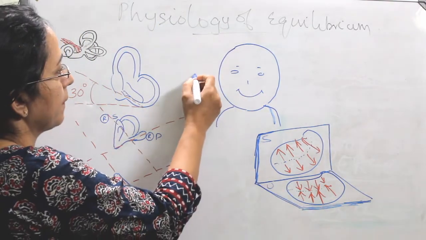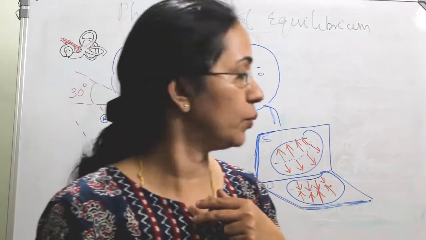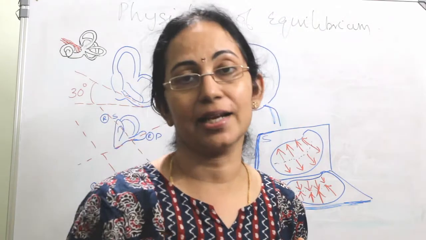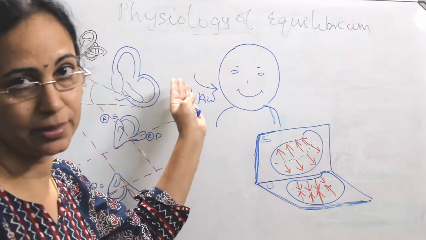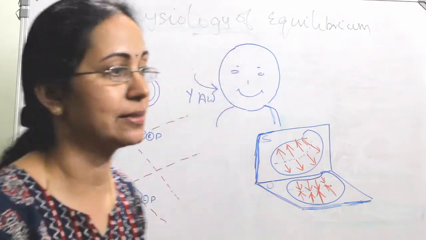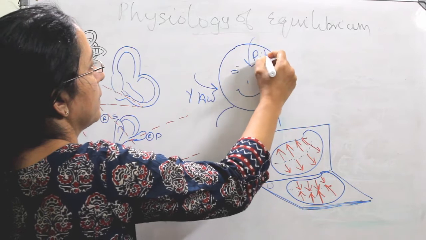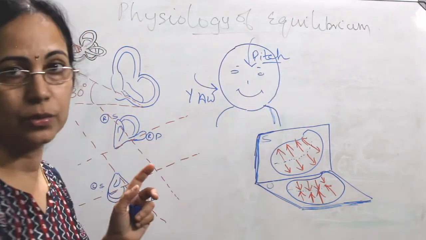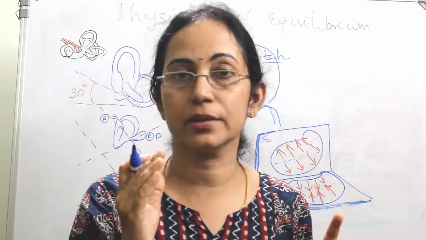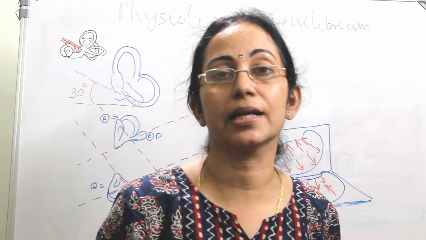Yaw movement, moving like this, yaw. And that is in the vertical axis. Another one in the vertical axis is flexion and extension, that is pitch. Okay, this one, that is pitch. So horizontal motion in the vertical axis is yaw, and flexion and extension in the vertical axis is pitch.